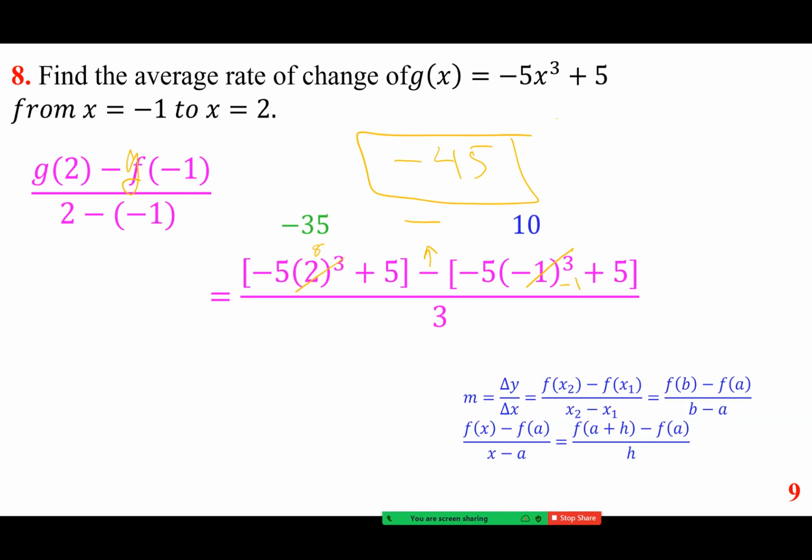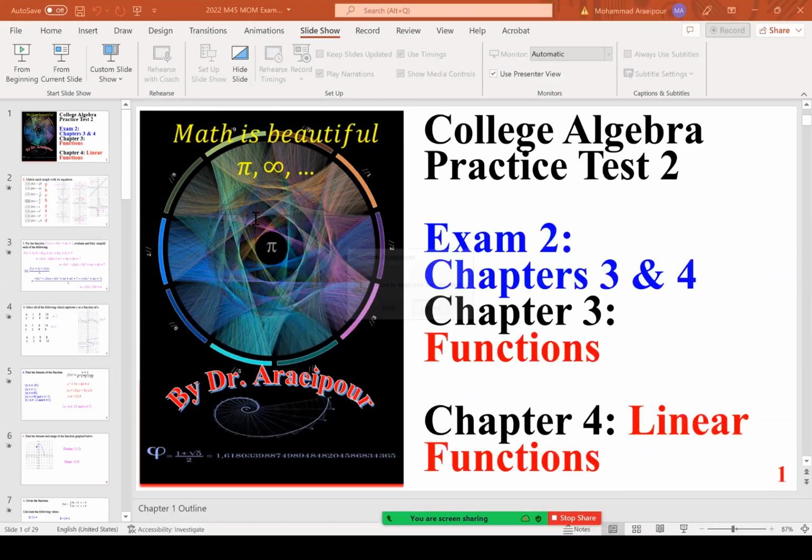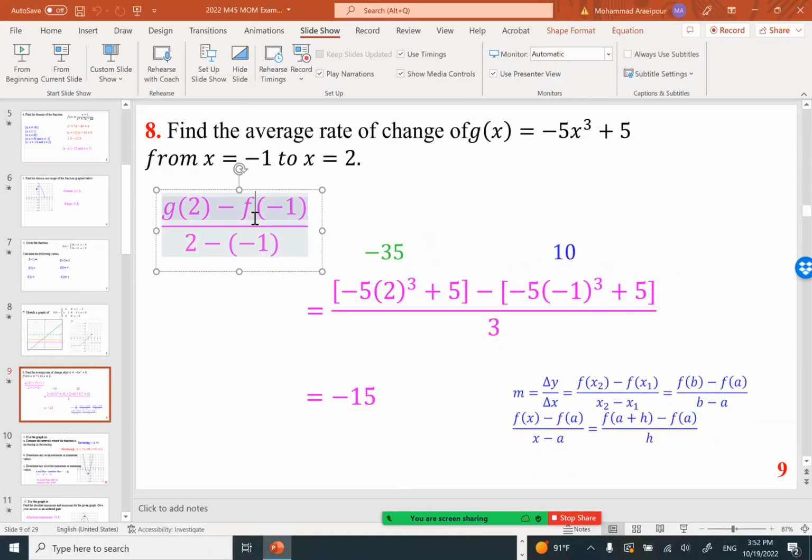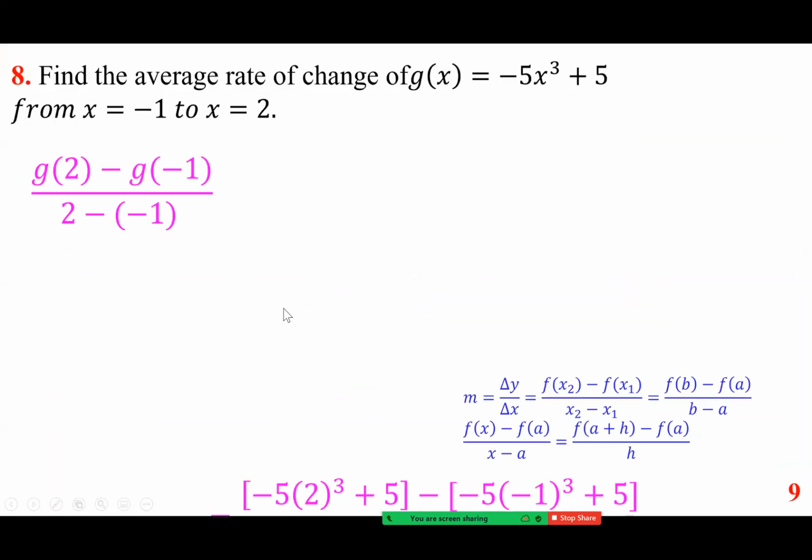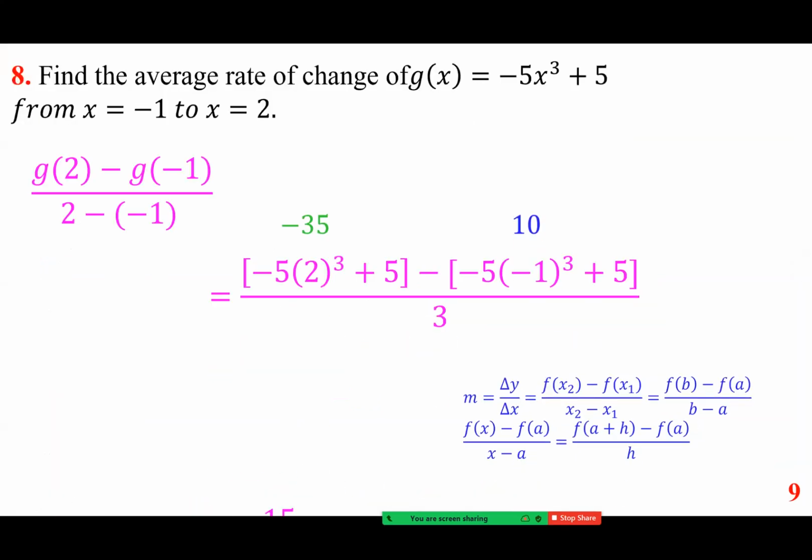Divide by 3, you get -15 as the final answer. Let me fix this. And remember again, there's a negative sign in between, which makes it -45. Divided by 3 is -15.